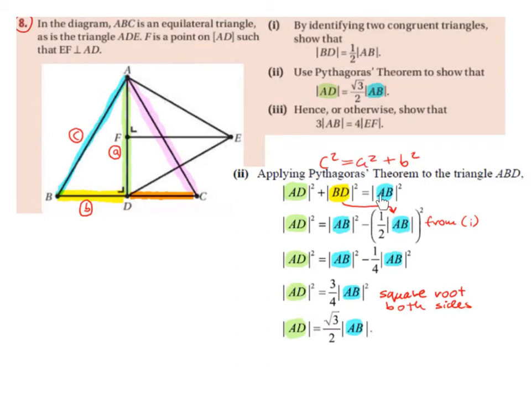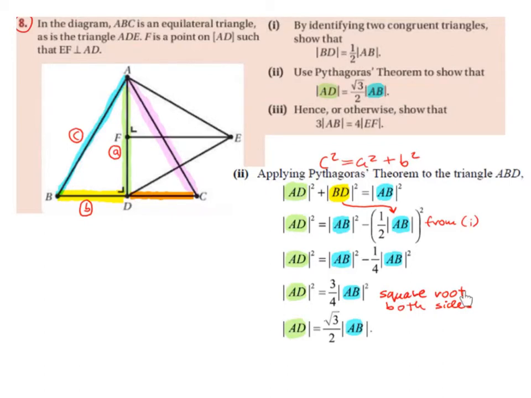A half squared gives us a quarter, so AD squared is AB squared minus a quarter AB squared. 1 minus a quarter is 3 quarters, so AD squared is equal to 3 quarters AB squared.